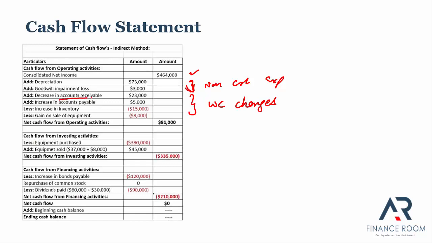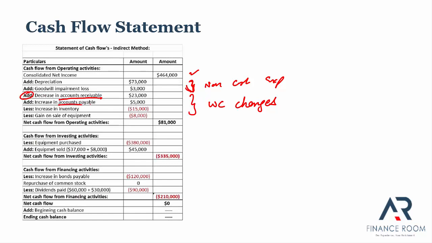Decrease in accounts receivable. What I told you a while ago was, if the assets increase, that's an outflow. If it's an outflow, you subtract in the cash flow statement. On the other hand, if the assets reduce, then it's an inflow. Hence, you will add in the cash flow statement.